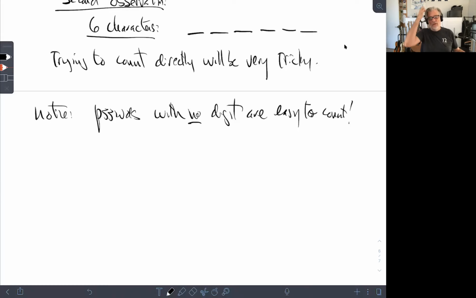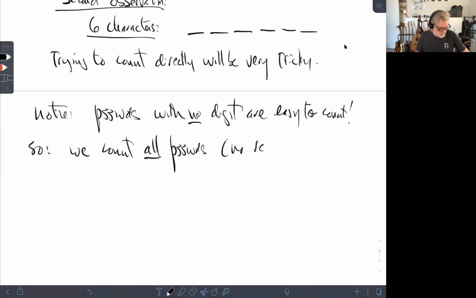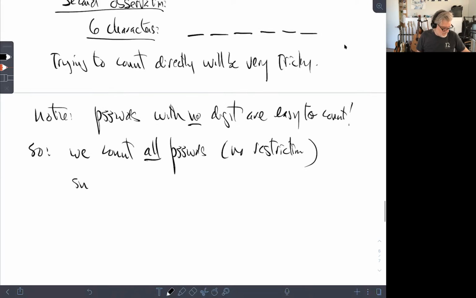Basically, I'm going to do like that example earlier where I count everything with no restrictions and then subtract those that don't satisfy the requirement. So we count all passwords with no restriction and subtract those bad guys.